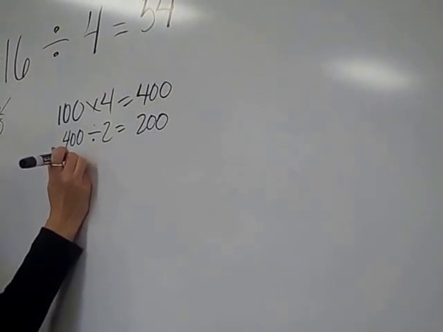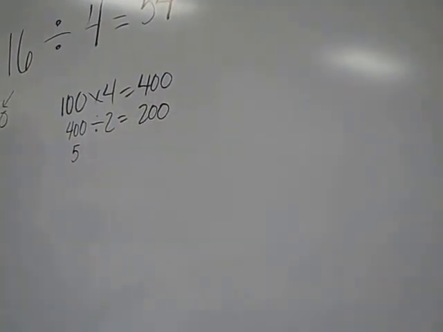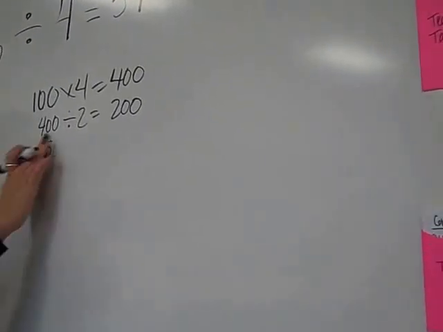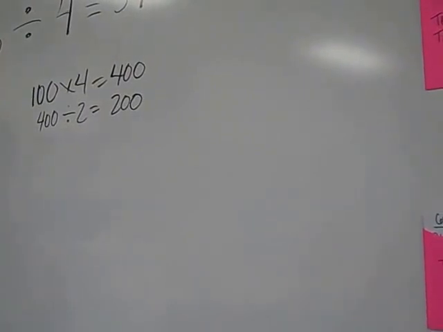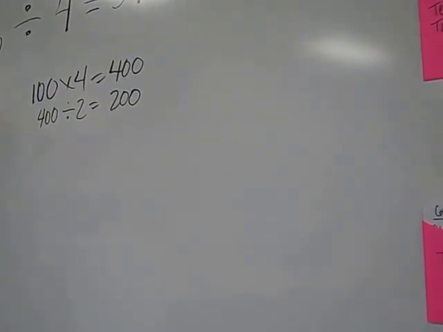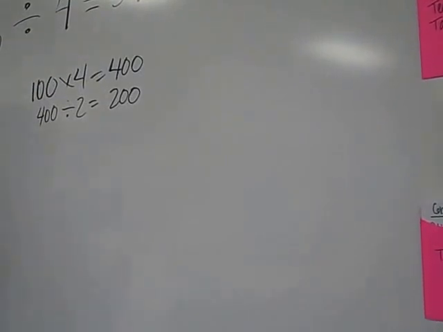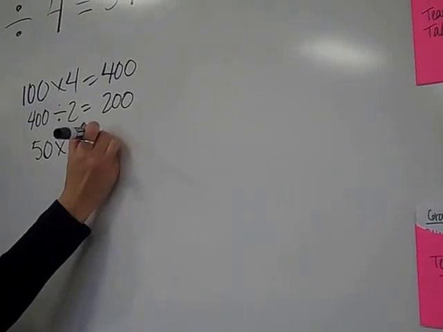So you took 400 to 200? And then go back and tell me from there, 400 to 200. From 400 to 200, instead of 100 times 4, I did 50 times 4. Okay. Because that's half of 100 as well.